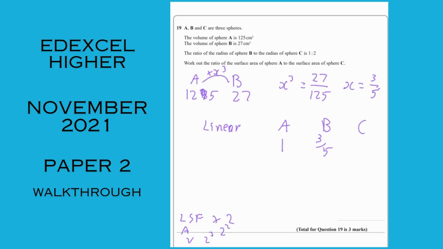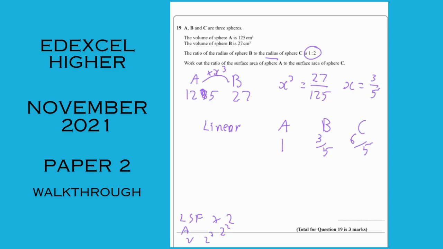You could use 50 there if you wanted. It would all cancel out or scale up, but I'm going to go with 1. Because as you can see here, B to C, radius is linear, that's why we went for it. 1 to 2, which means you double it. 6/5. We've linked them all.